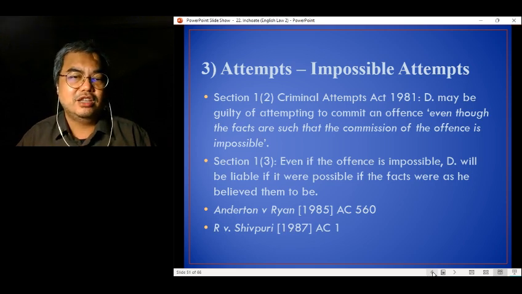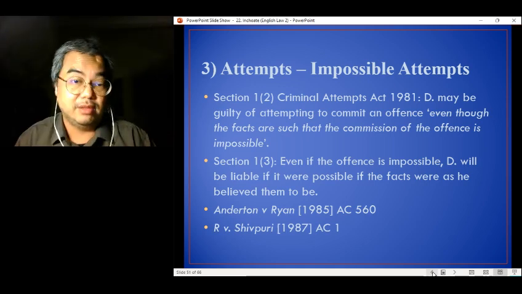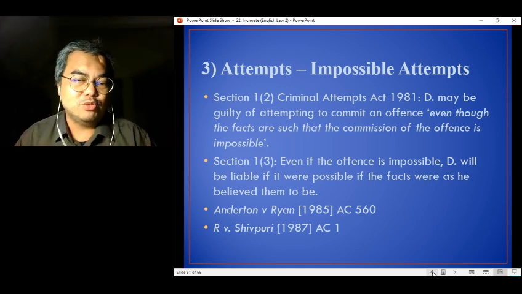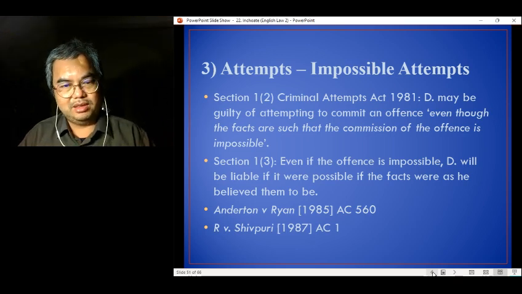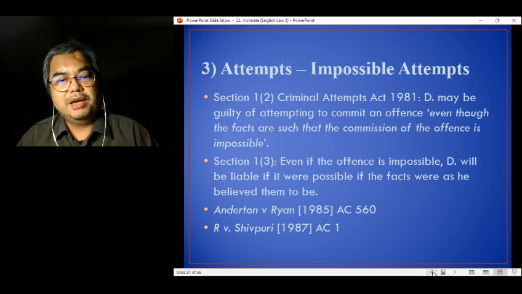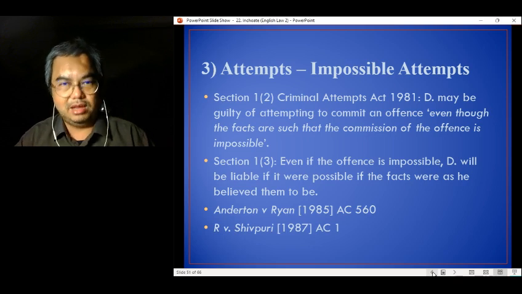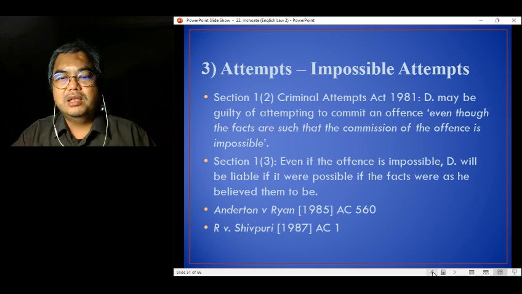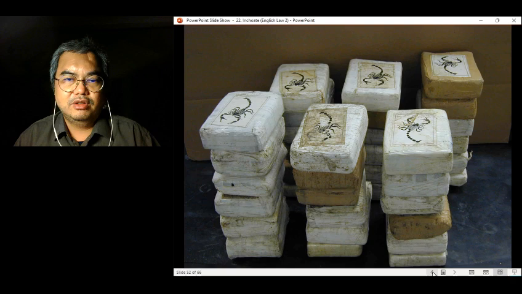So you can see that in Shivpuri, the House of Lords in 1987, Anderton and Ryan was a House of Lords decision also, so the House of Lords very quickly reversed the decision. Of course, they couldn't overturn the decision, but in Shivpuri, the House of Lords said that Anderton and Ryan was decided wrongly. In Shivpuri, the attempt was to actually deal with drugs.